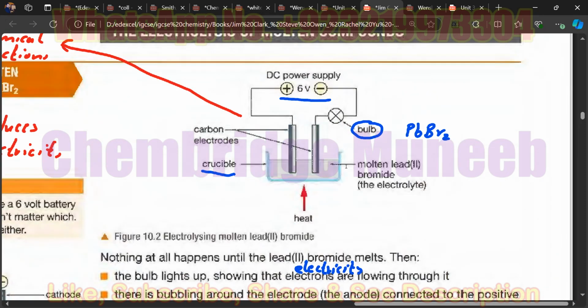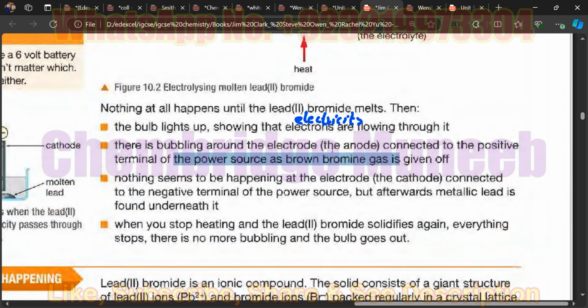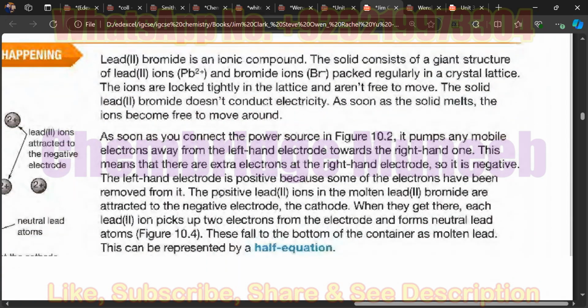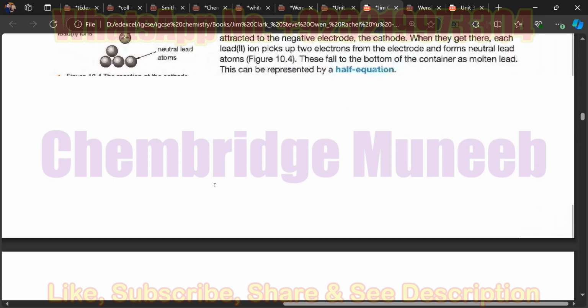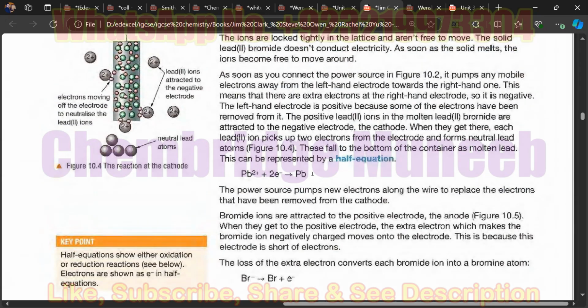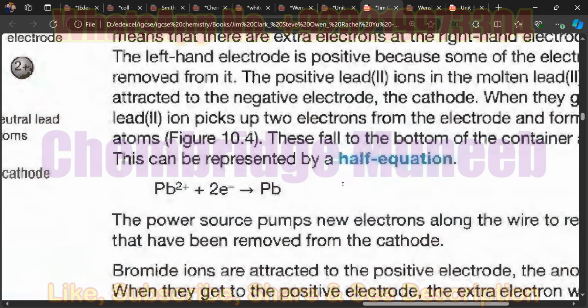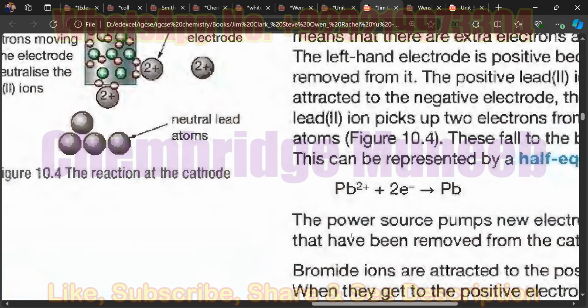Okay, so the negative electrode, we need to understand this reaction in detail through the other diagram or other equations. Basically, the lead bromide is present in its molten form.